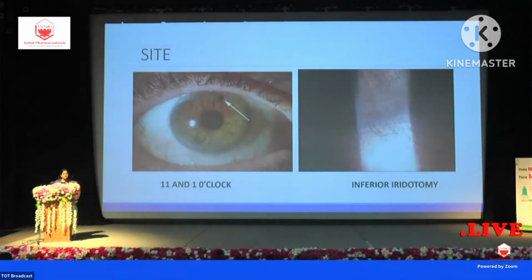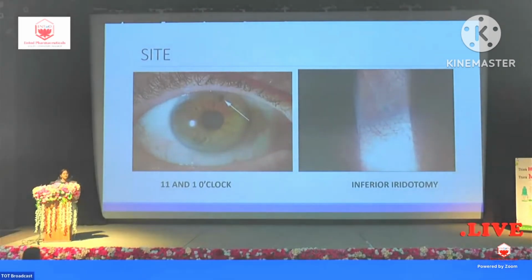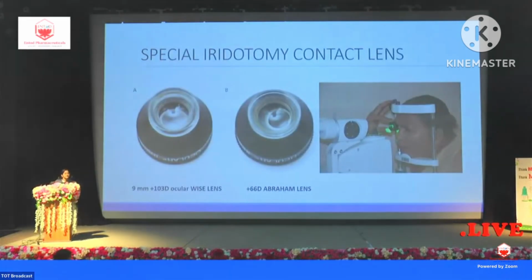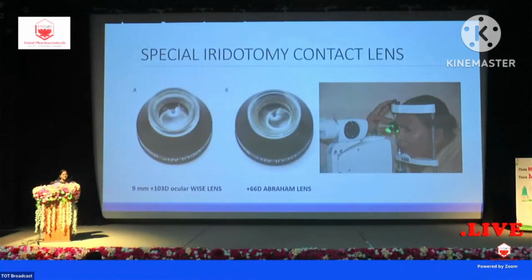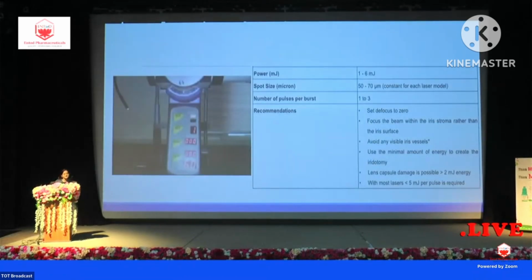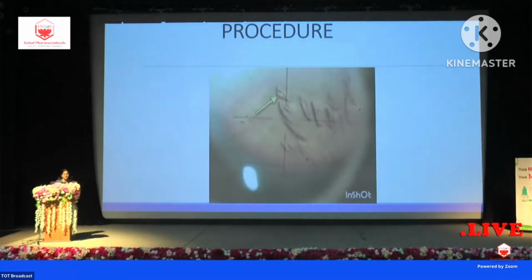The site is in the superior quadrant, at 11 o'clock and 1 o'clock position, which is covered by the upper eyelid. For silicone oil, we prefer inferior iridotomy. Special contact lenses are used, that is the Wise lens or Abraham lens with coupling agents. The device is set at 1 to 6 millijoules with a spot size of 50 to 70 micrometers.